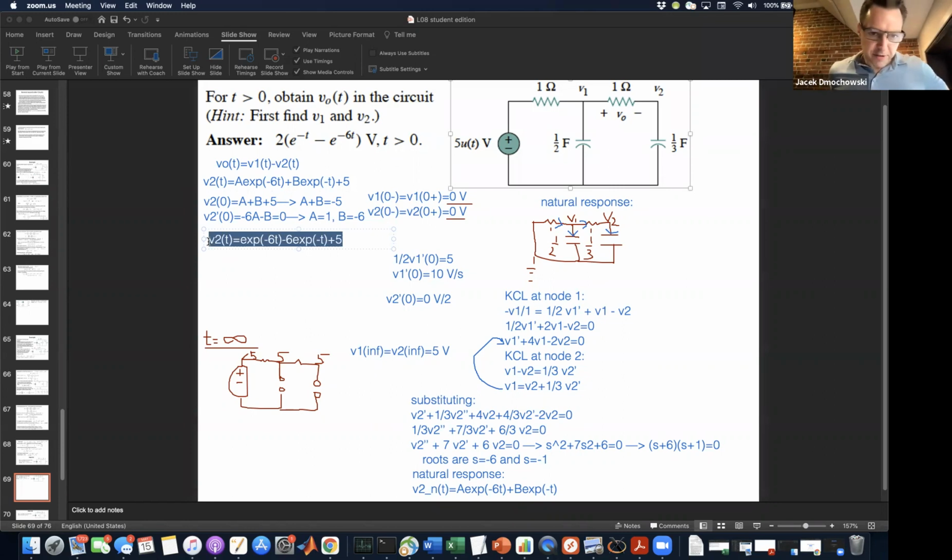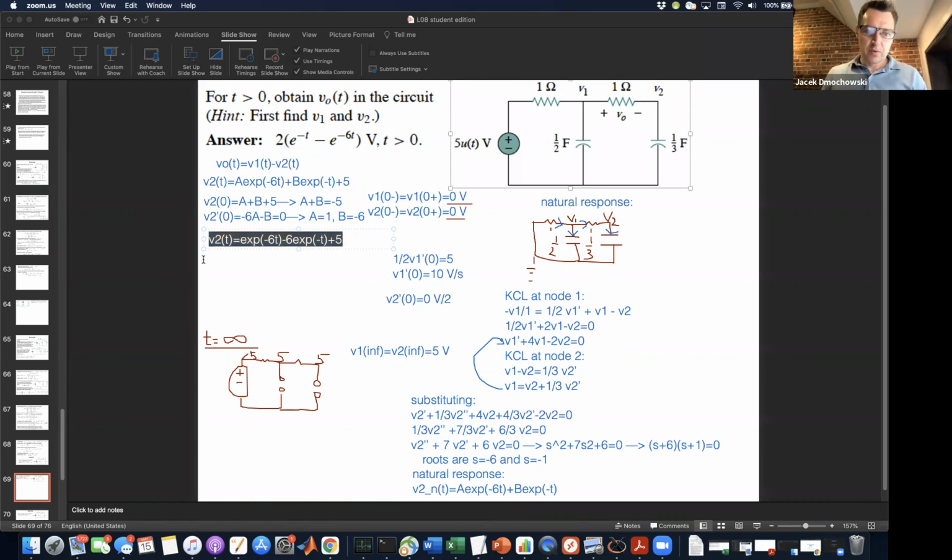But what I need, unfortunately, is V naught. And to get V naught, I also need to get the solution for V1. Fortunately, there is a very straightforward relationship between V1 and V2.